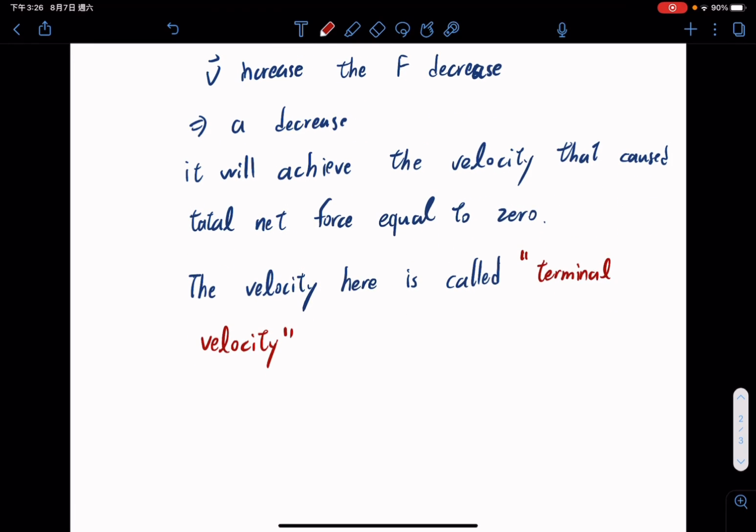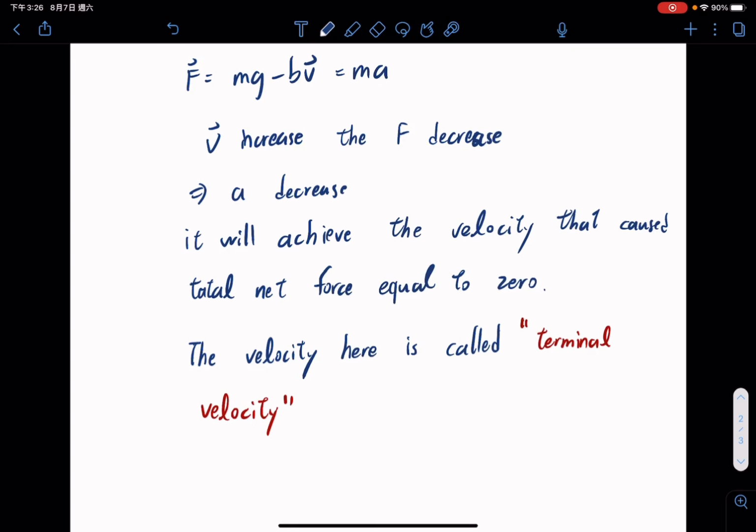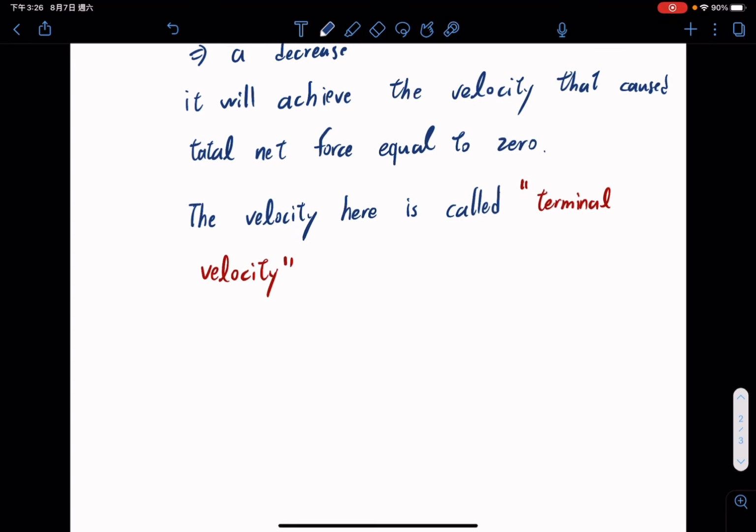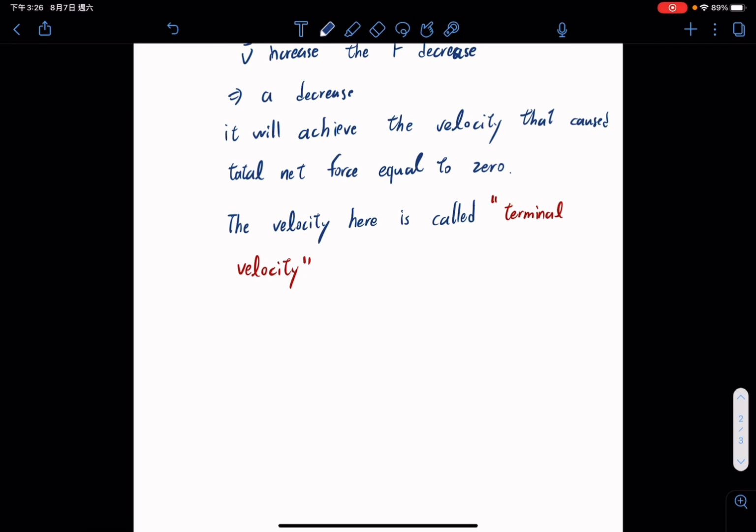So the skydiver would not achieve a velocity as fast as he wants. He will achieve the terminal velocity and not increase anymore.